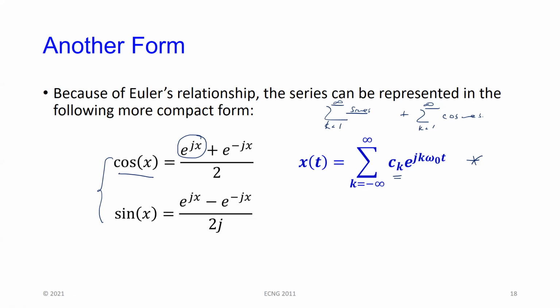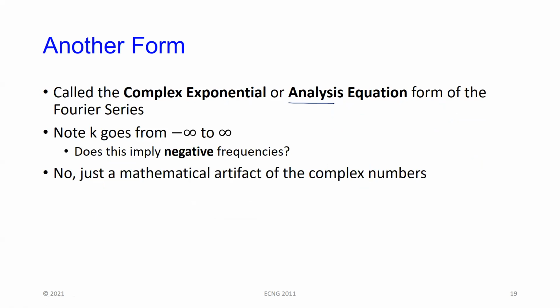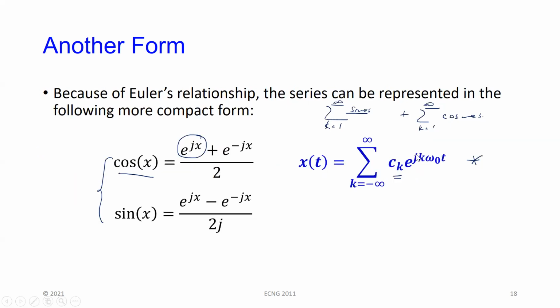Yes, sir. Right. So once you have that, you have the complex exponential form, and notice that k goes from minus infinity to infinity. This is not implying negative frequencies. This is just because we're dealing with complex numbers.